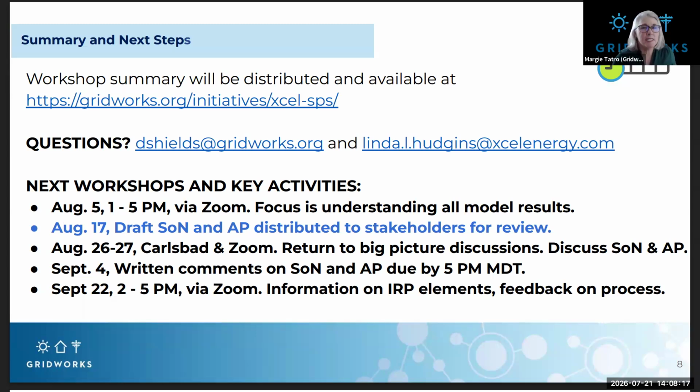And then September 22nd will be our final workshop where the information on all the IRP elements, including the near final statement of need and action plan will be shared. There will not be another opportunity during this process for comment, but it's a courtesy review and information sharing prior to the utility's filing of their IRP in October.